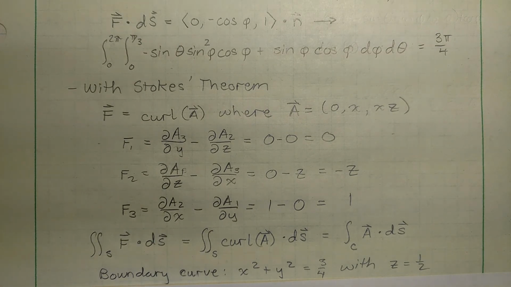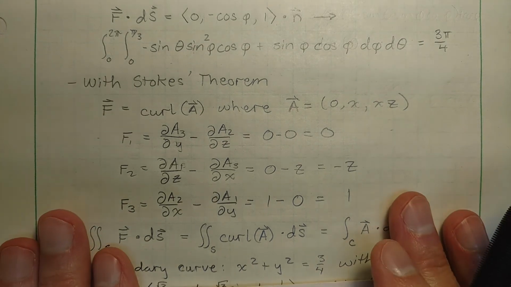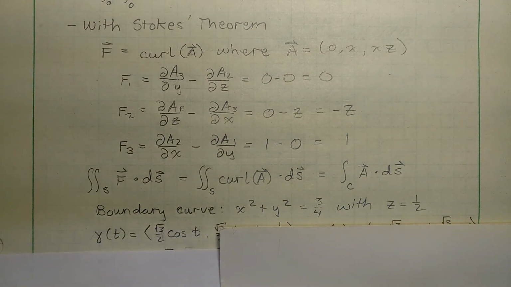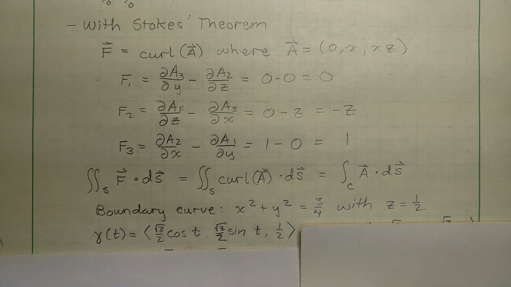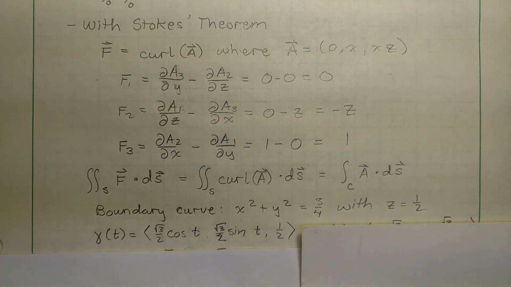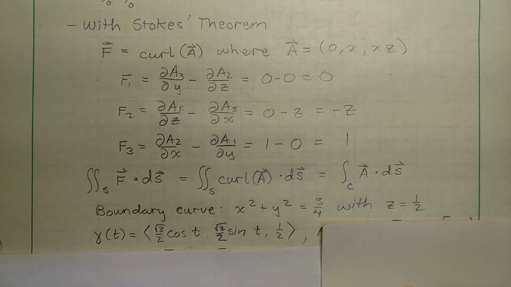Now in order to do this, I have to parameterize my boundary curve with the formula that we call gamma of t. So this is just parameterizing the boundary curve, which produces an individual curve there.